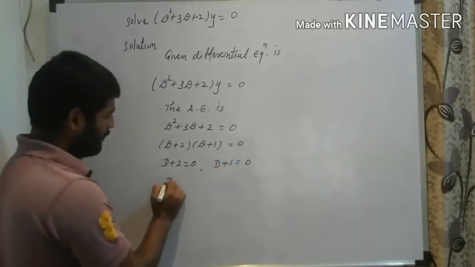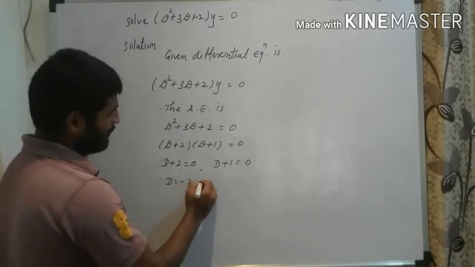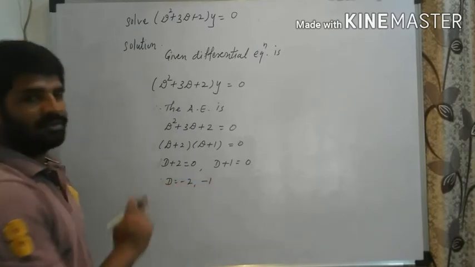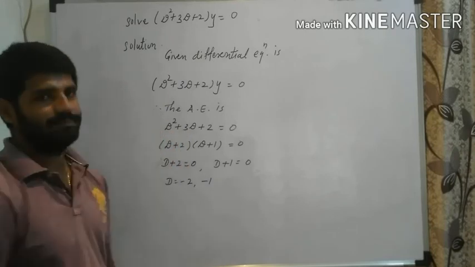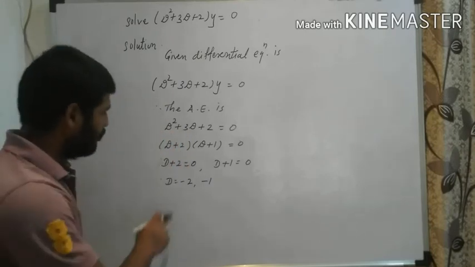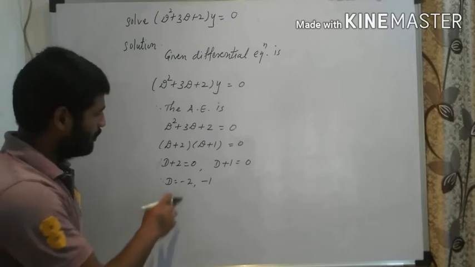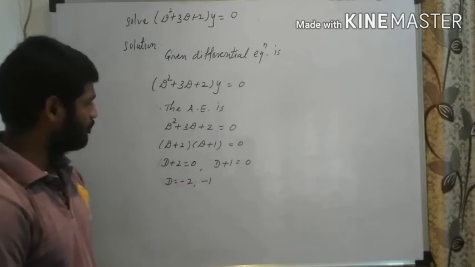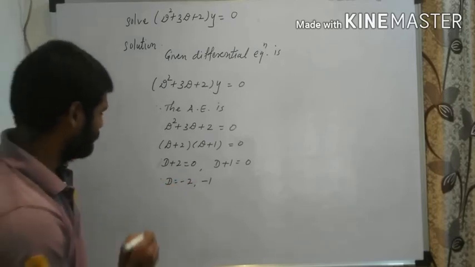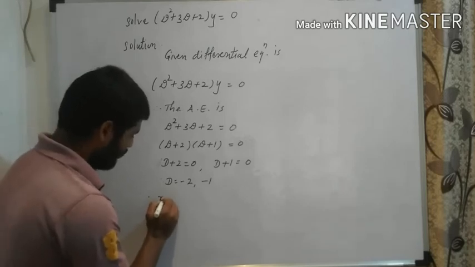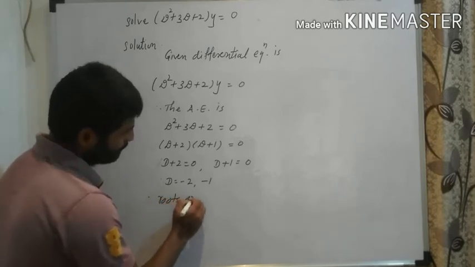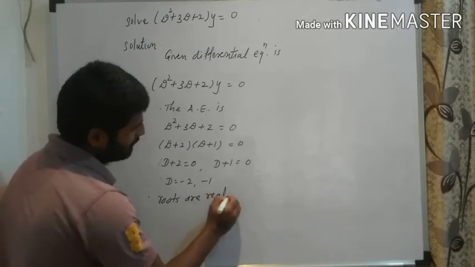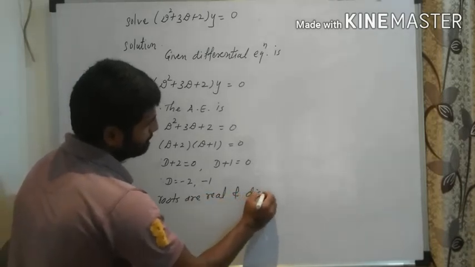Therefore d is equal to minus 2 and d is equal to minus 1. These are the roots of the auxiliary equation. If we observe these roots, minus 2 and minus 1, both roots are real and distinct. So therefore roots are real and distinct.